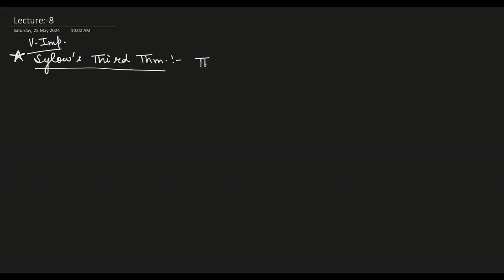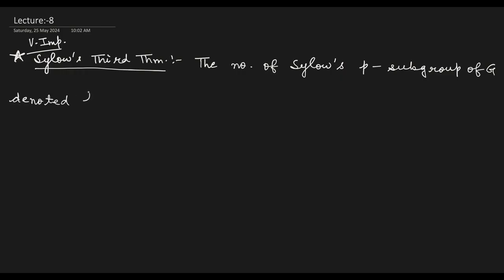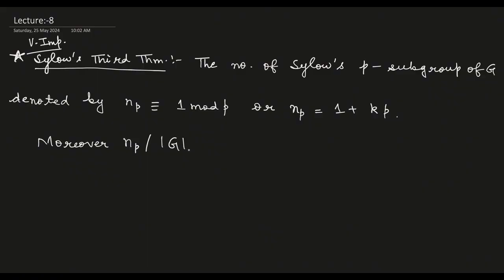The number of Sylow P-subgroups of G, denoted by NP, is congruent to 1 mod P, or NP is equal to 1 plus KP. Moreover, NP divides the order of group G.